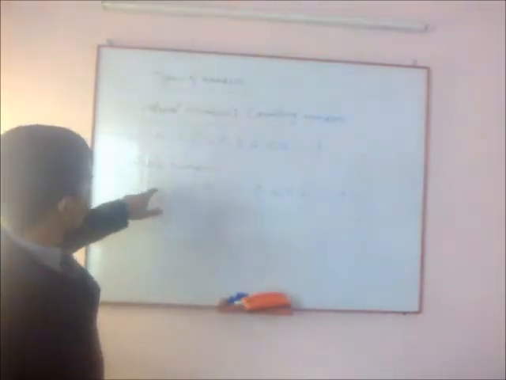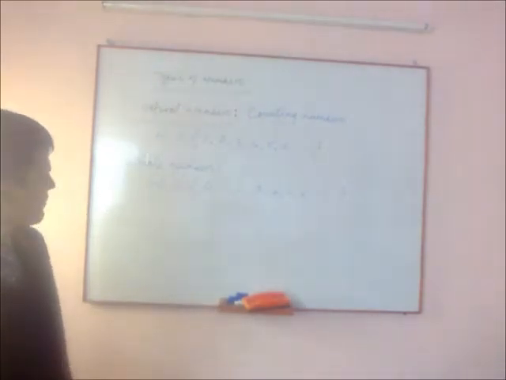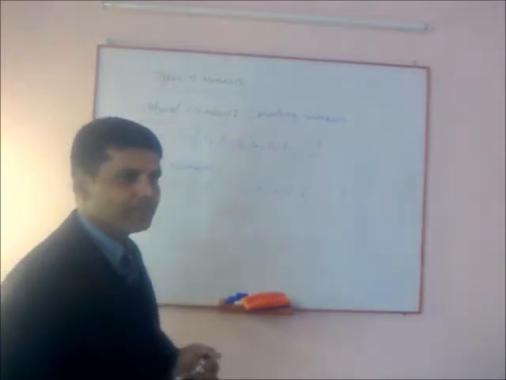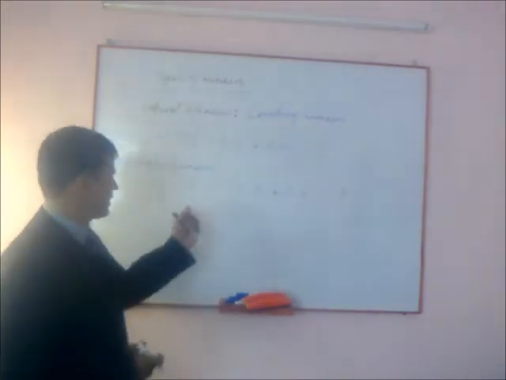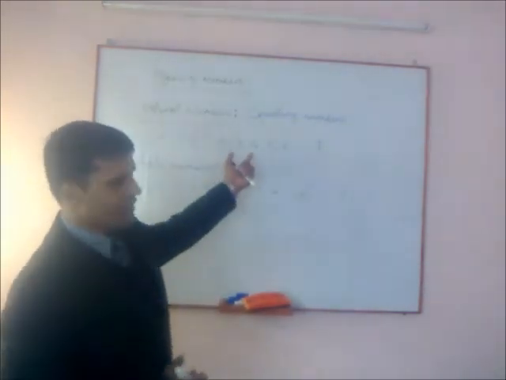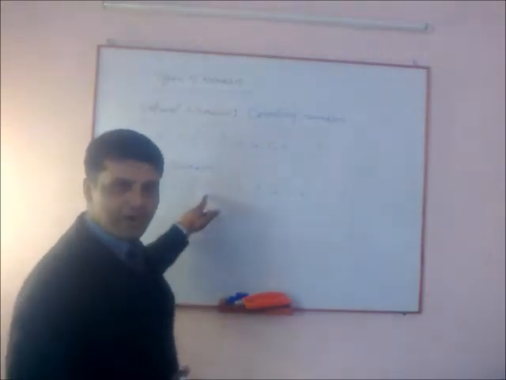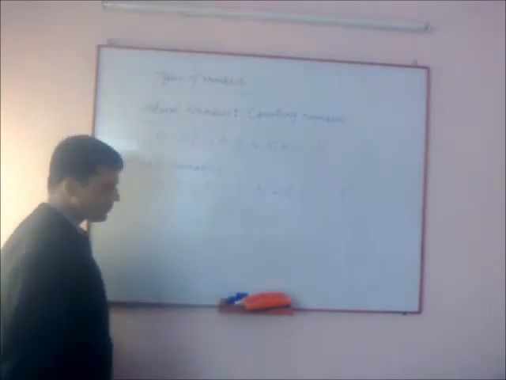So if we compare the set of natural numbers and set of whole numbers, obviously set of whole numbers is bigger set because it contains all the elements of natural numbers and one more extra, that is 0.